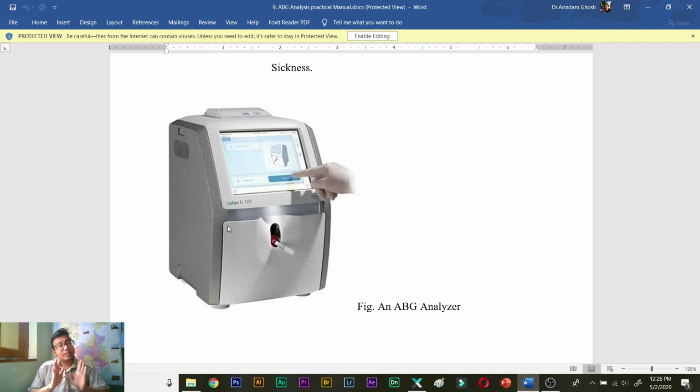There may be a barcode system in which you need to enter the patient's data, and give the machine some command on what tests you need in the touchscreen menu, and then a strip will be printed shortly that will give you the detailed result of the arterial blood gas of the patient, and from those data we can analyze what disease the patient might be having.